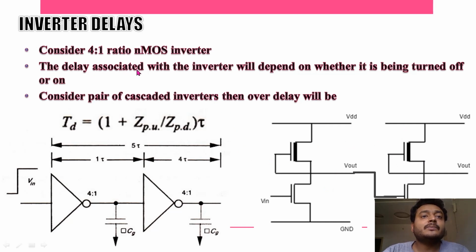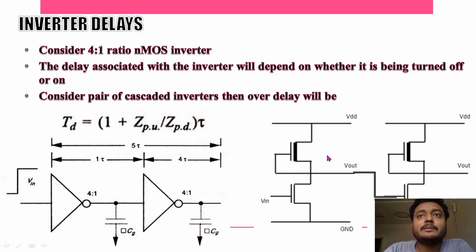Right. In the previous session we already discussed the inverter delays, inverter resistance and inverter capacitances, so we're going to use that concept here. One thing is that it's a ratioed logic, right? We are taking 4 is to 1, meaning Z pull-up device is 4 and Z pull-down device is 1.